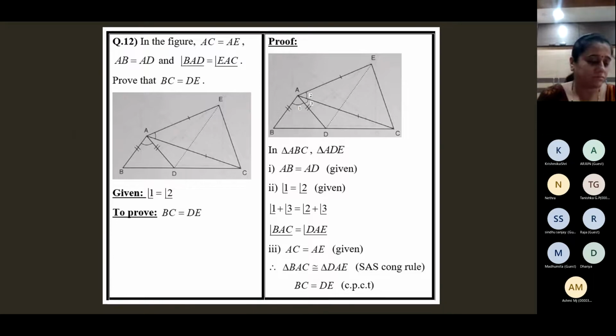Done, children? Yes, ma'am. Have you drawn the diagram, Danya? Yes, ma'am. Take a picture and send it to me now. Only this answer, Danya.